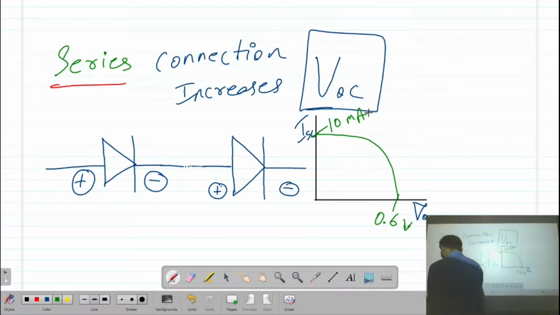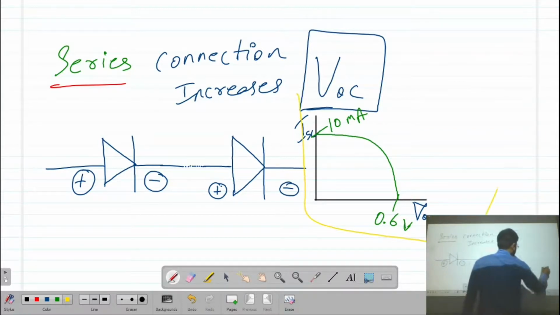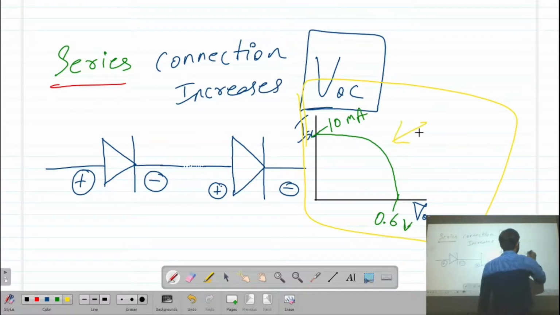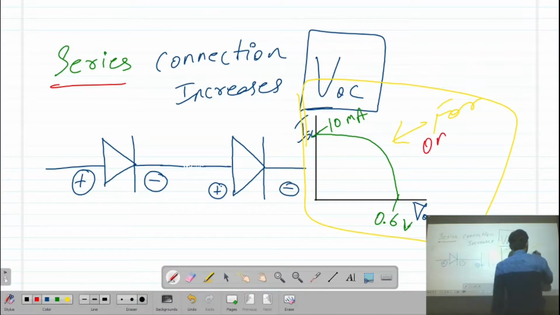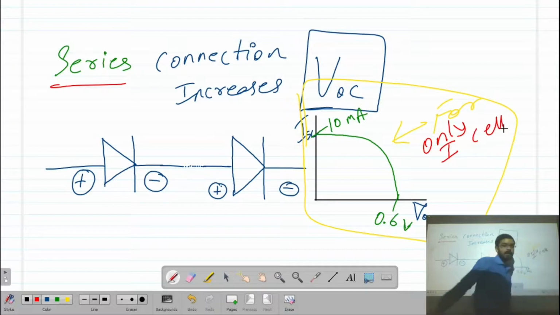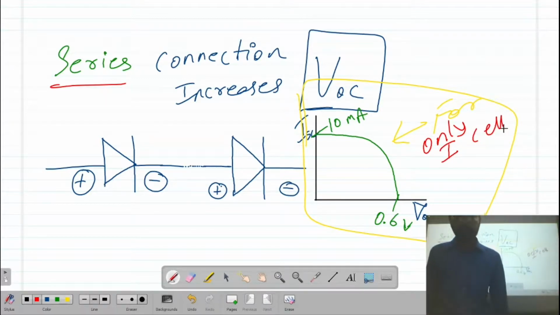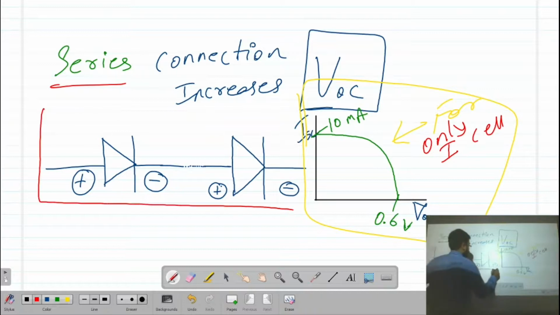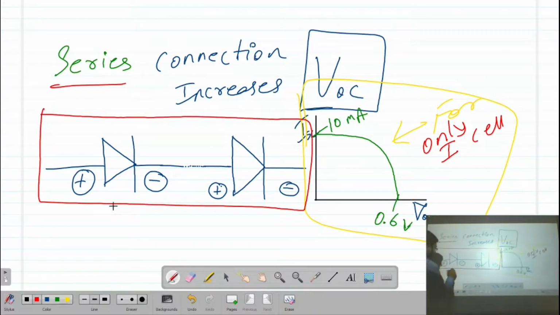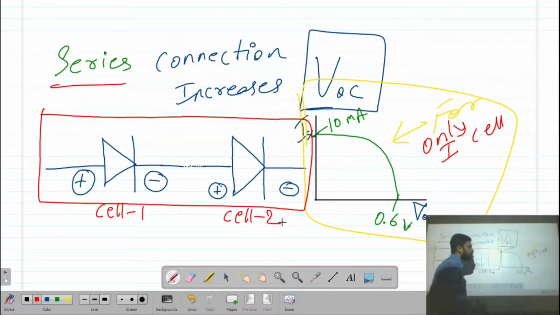Let us say 10 milliampere. Now, assume that this is for only one cell, right? But if we connect these two in series as cell 1, cell 2, then this will not be the IV.